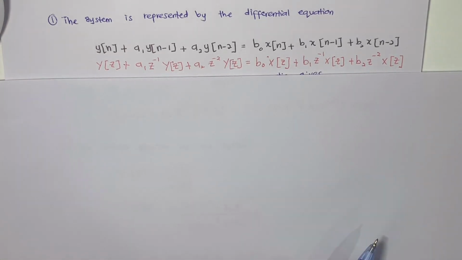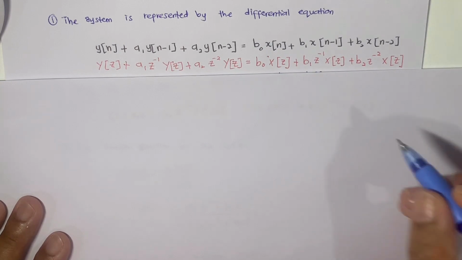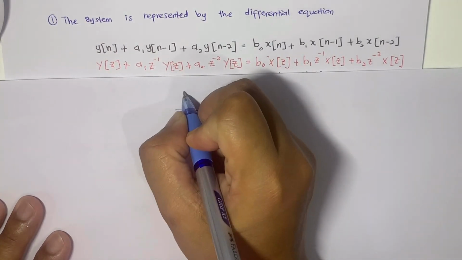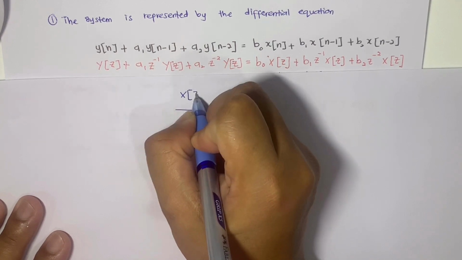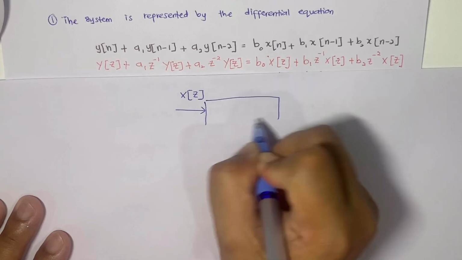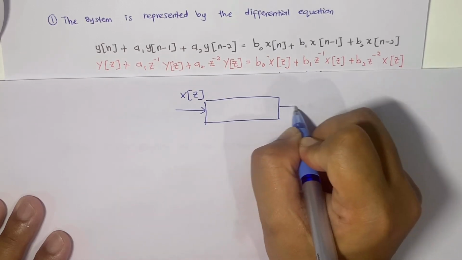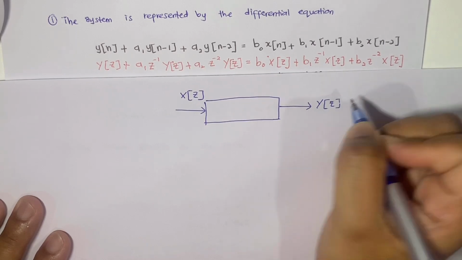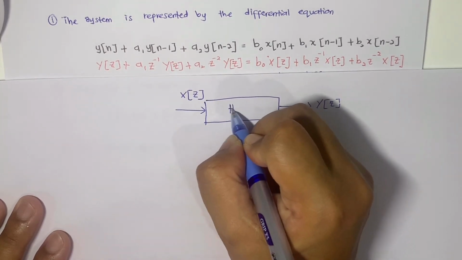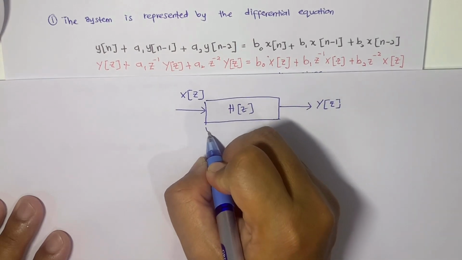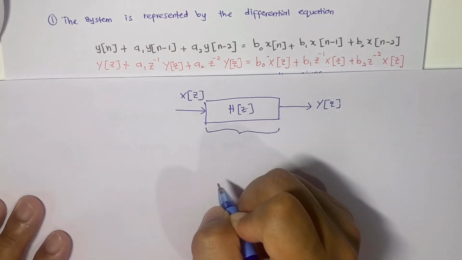We know that the system input is X(z) and the output is Y(z). So what is H(z) here? I want to teach you how to draw H(z).